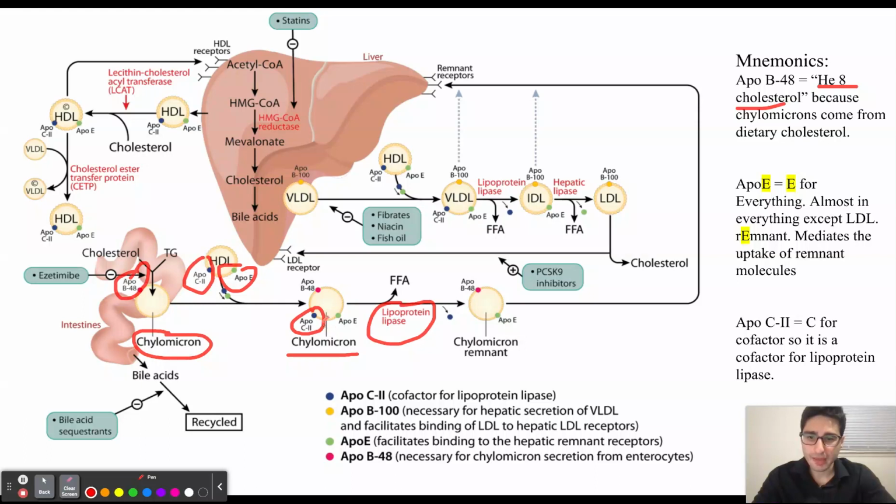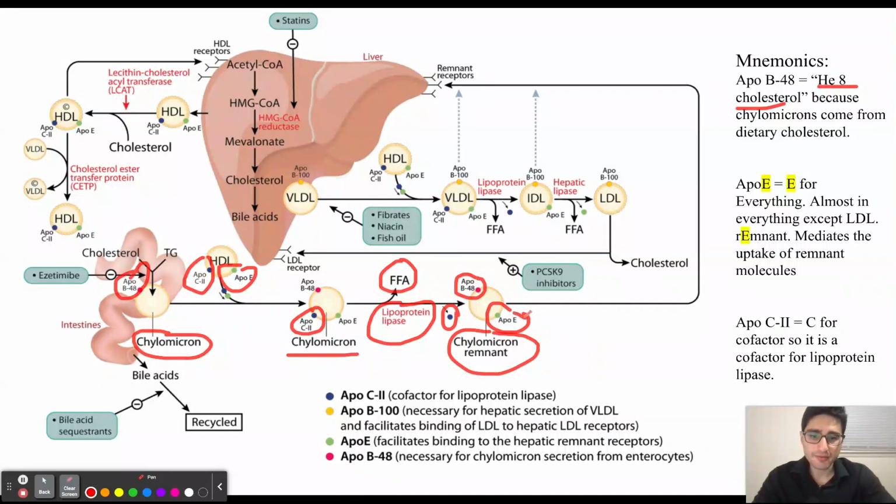So with ApoC2, once the chylomicron encounters lipoprotein lipase, this enzyme can cleave fatty acids from the chylomicron, and it can convert the chylomicron into a chylomicron remnant. And once this occurs, we're going to remove ApoC2 from the surface. Now we're just left with ApoE and ApoB48.